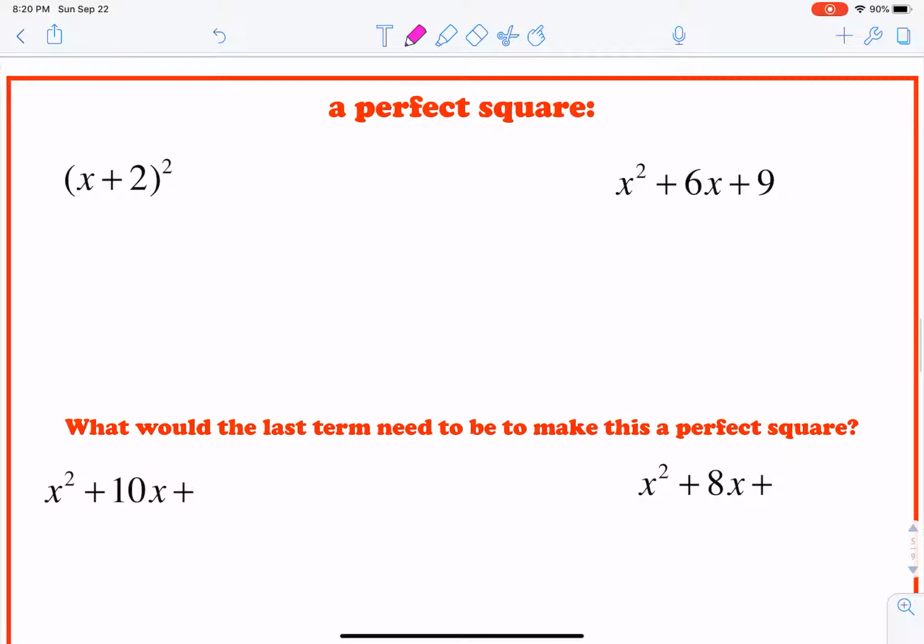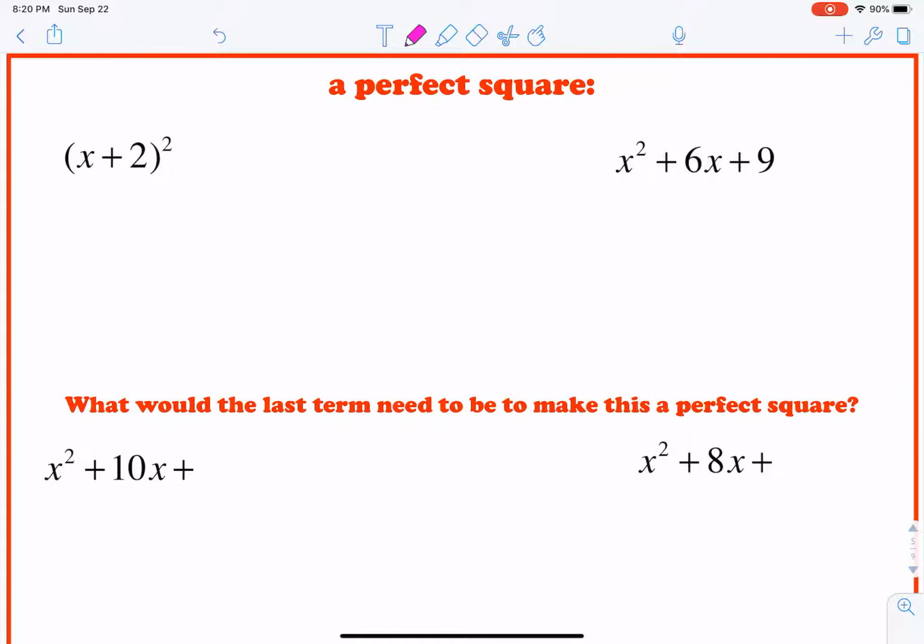So up here, when I say the phrase a perfect square, I'm thinking of something like x plus 2 squared, a perfect square where I have x on the inside and the whole thing squared. So this right here is a perfect square, and I know that I can expand this, and I can distribute and say this gives me x squared plus 4x plus 4. And over here, if I were to factor this, it would give me x plus 3 squared, which gives me a perfect square.